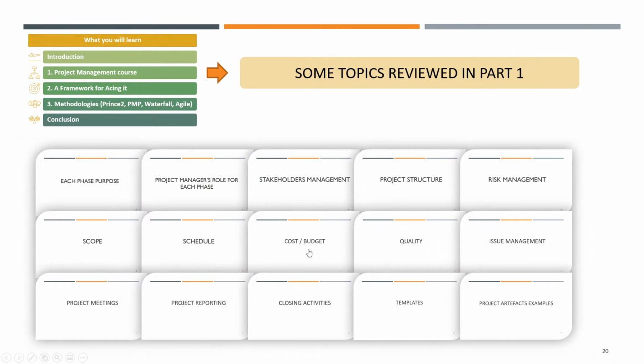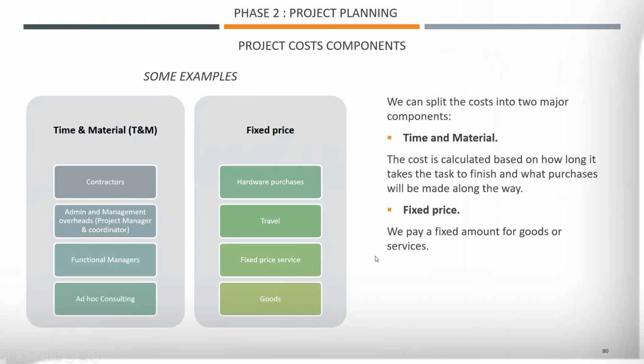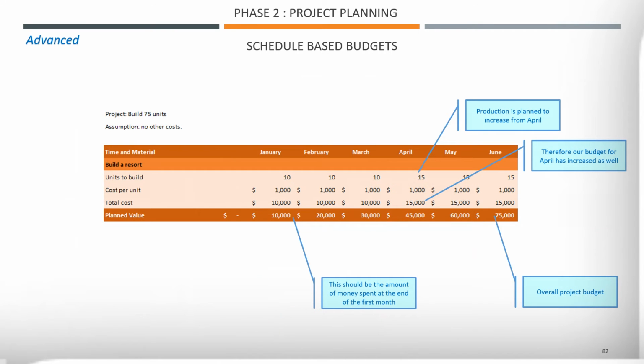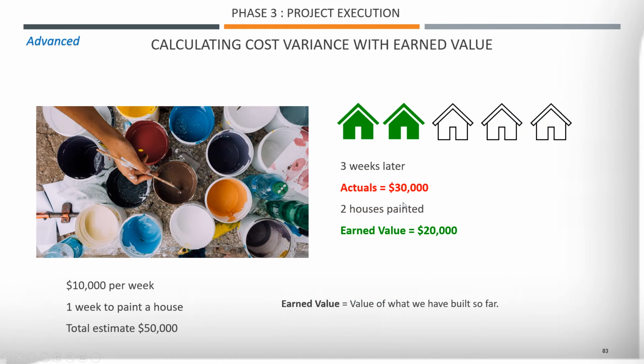We'll review, obviously, cost and budget, which is also a very important part of project management. I will suggest a very easy way to split it to get you started on the budget. I will review with you a few examples, very concrete, very clear. Hopefully we will review a concept called earned value, which project management methodology likes to discuss.